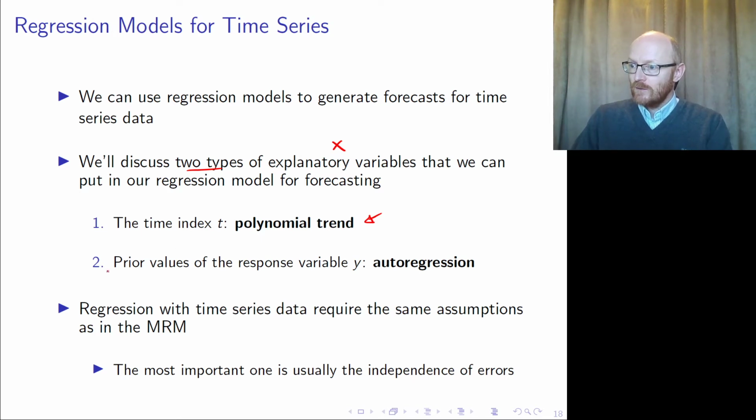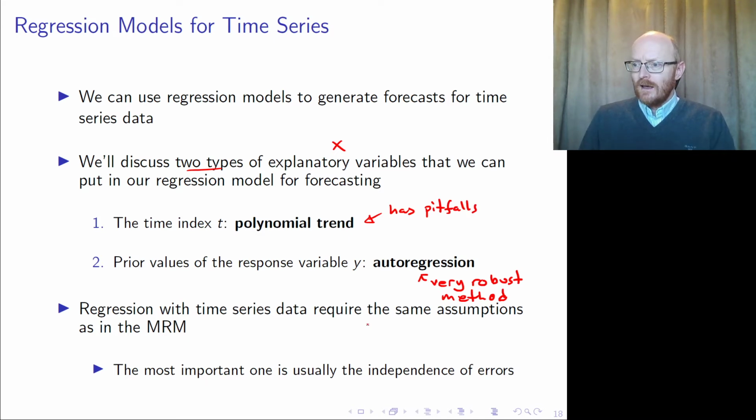And the second one is a very robust method. It's autoregressive models. And this is widely used in forecasting. Whereas this polynomial trend has pitfalls.